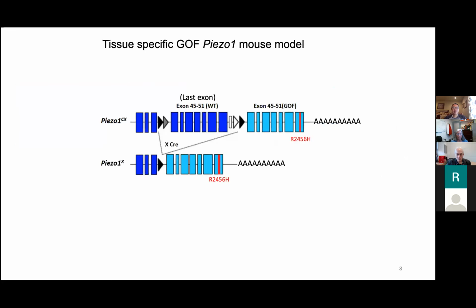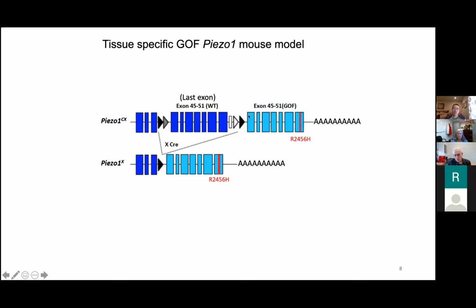To study the mechanisms of piezo-1 dependent xerocytosis, we engineered a tissue-specific gain-of-function piezo-1 animal model. We are very lucky to be able to do it, because one particular gain-of-function mutation is located in the last exon of the piezo-1 gene.